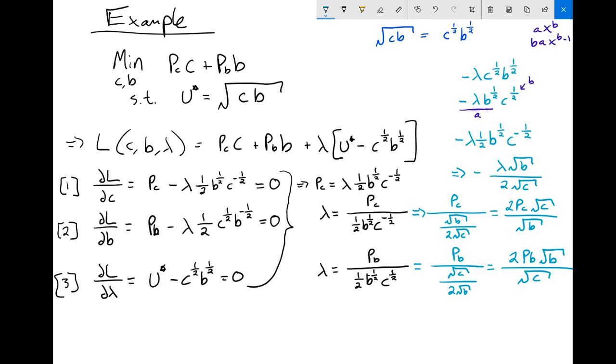Then what I'm going to do is take these expressions and solve them for C or B. Either one's fine. I'll solve it for B first. I'm going to notice that these two things are equal to each other because they both equal lambda.